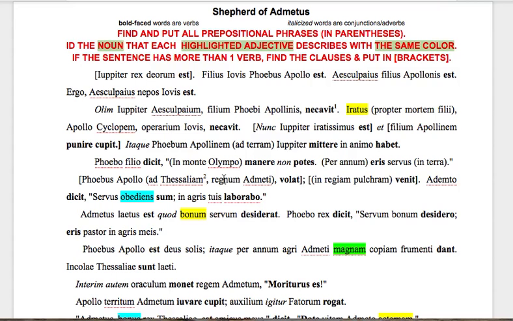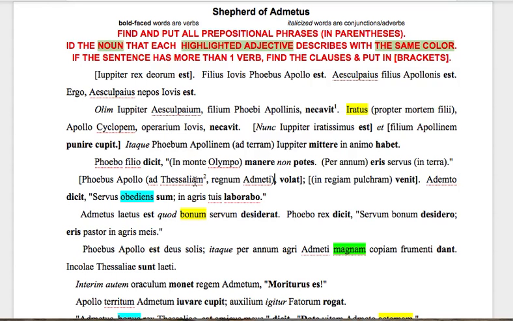Now, once I know that this is the prepositional phrase, I can see very clearly that my sentence is made up of these basic words: Phoebus, Apollo, volat. That's the main idea of the sentence. Phoebus Apollo flies. To where?